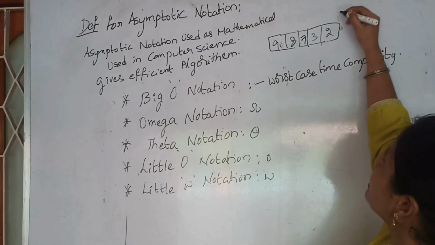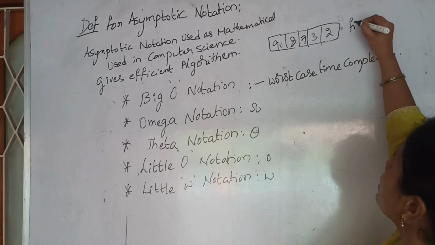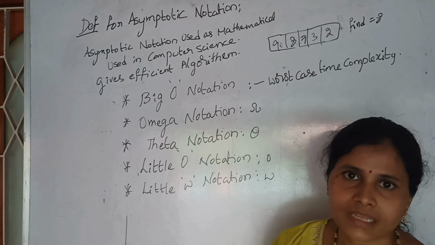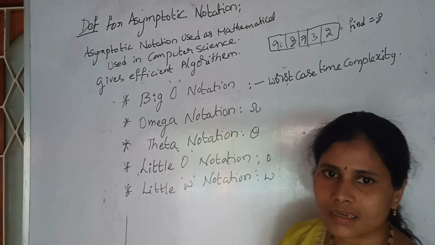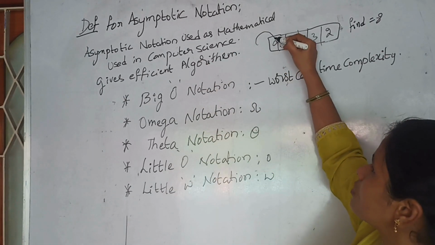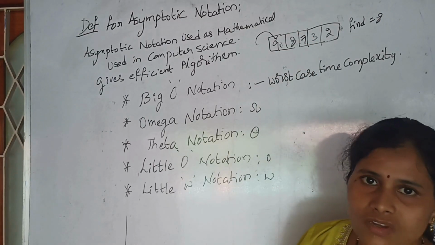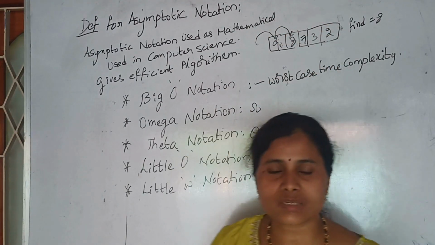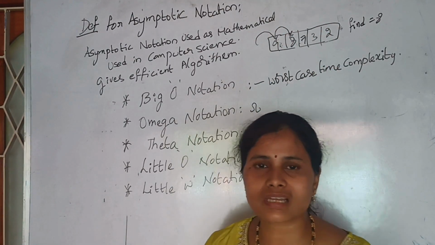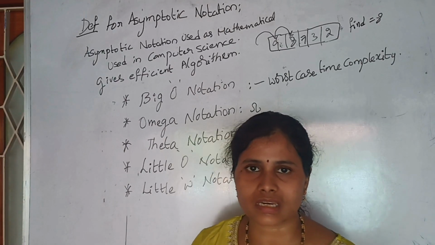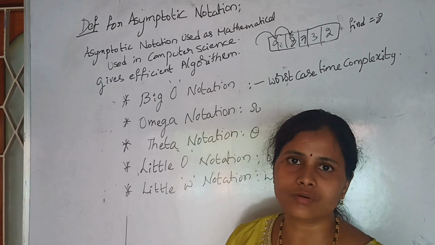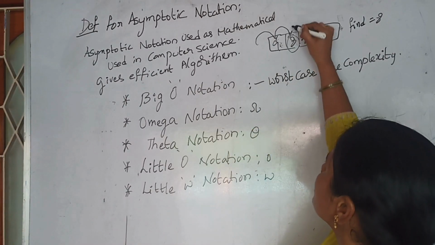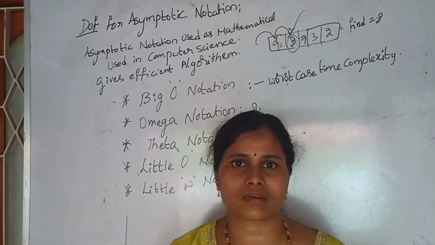Suppose I want to find the value 8. The compiler starts its journey. It moves to the first block. It's not matching. It moves to the second block. It's matching. So my value is found in the second block, and this is the best case time complexity.